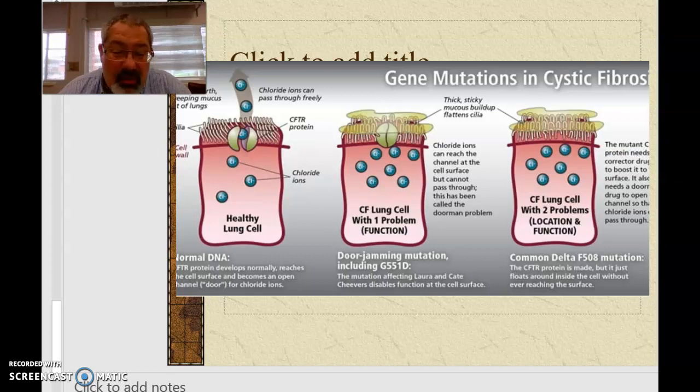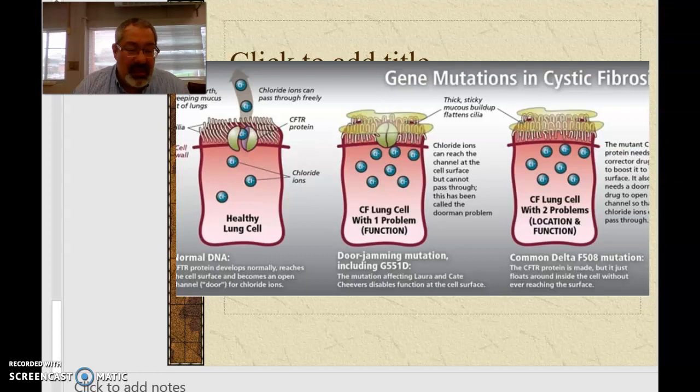So there's no way for the chloride ions to exit the lung cell, and this mucus deposit occurs as well. So those are two different mutations that can occur in a gene with this transmembrane protein. And in both cases, the symptoms of cystic fibrosis occur.